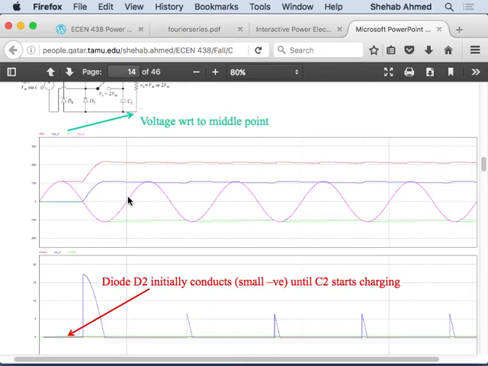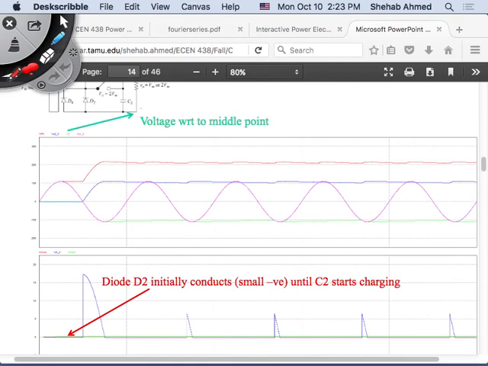Until a point here, where I'm going to the positive half cycle again, right? But I've properly chosen my RC time constant so that, let's say, this was my first capacitor being charged, and it's going to discharge until here.